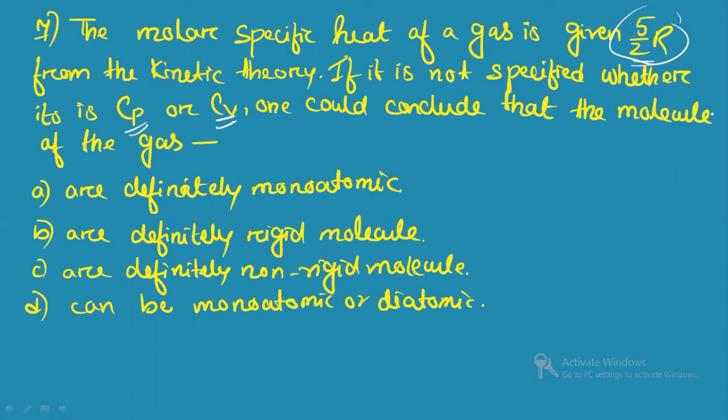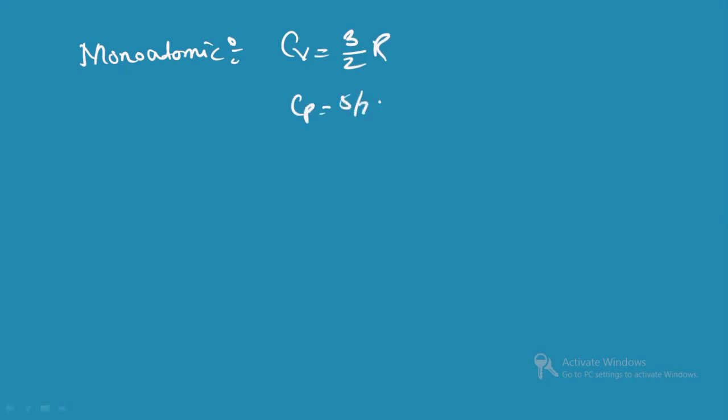Okay, so for this, first of all, we will see monoatomic. We have already seen it multiple number of times, so I'm not calculating here. For monoatomic, the value of Cv is how much? 3/2R. And Cp is equal to how much? 5/2R. And for diatomic, you will have rigid molecule also, and non-rigid also.